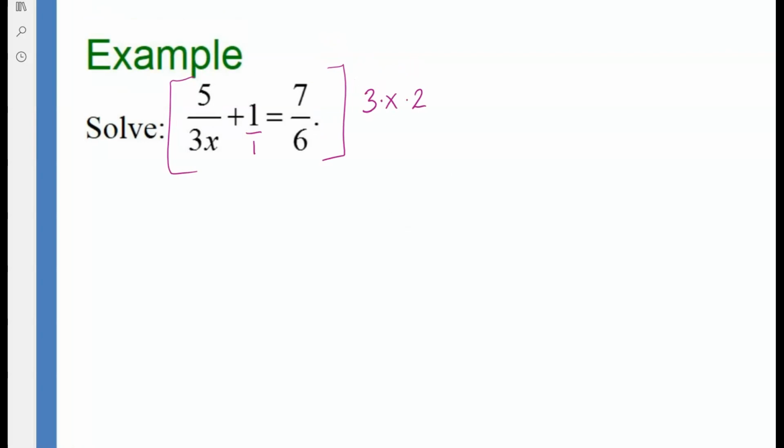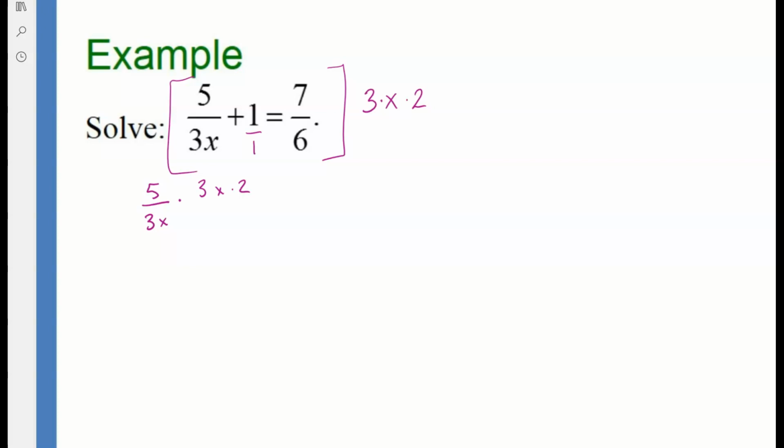Then we're going to take each term all the way across the equation, and we're going to multiply each one by that least common denominator. So I have 5 over 3x. That gets multiplied by 3 times x times 2. I'm going to go ahead and simplify this one. Simplifying this rational expression is what you did in a previous lesson, right?